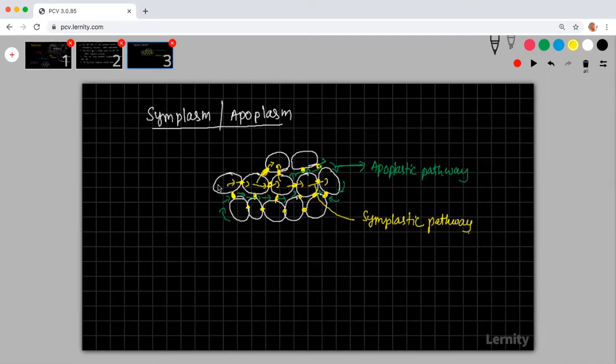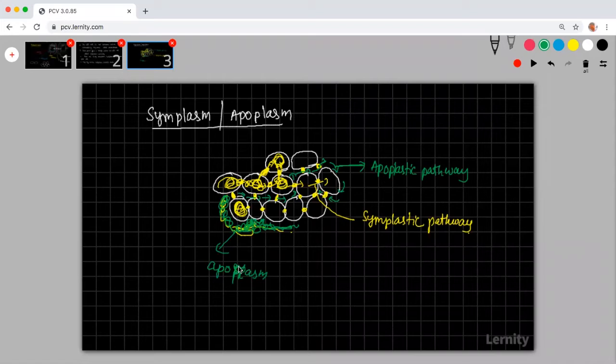The continuous cytoplasm between all these cells together, we call symplasm. Outside the symplasm, there will be some fluid filled here also. Let me draw it in green. This fluid covers all the cells, and that is what we call apoplasm.